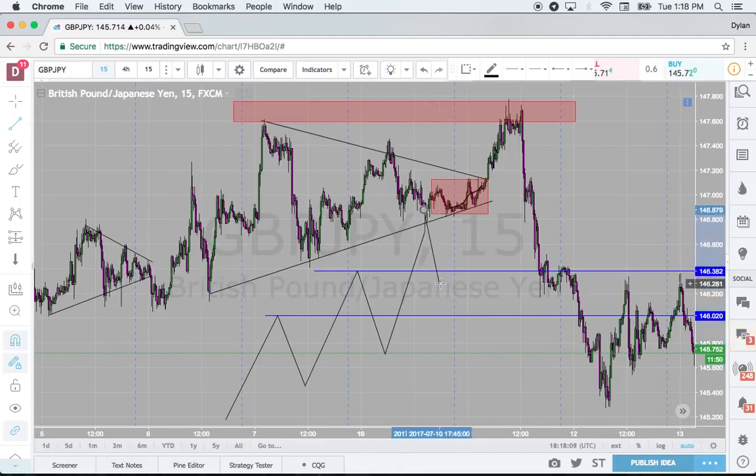He sees that bounce from the breakout of this resistance create a support and then continue that uptrend. But what actually happens is much different.